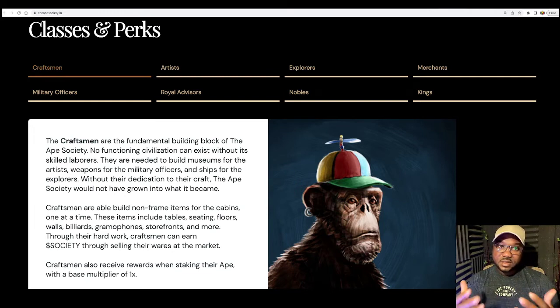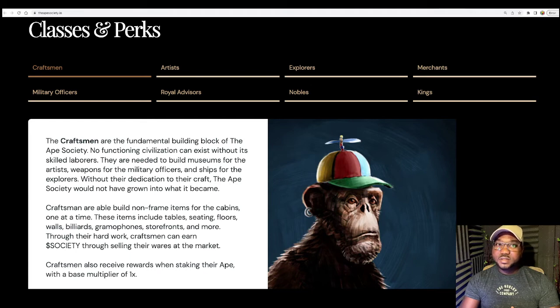When you stake your apes, depending on what ape you're staking, it has different perks associated with it. For the craftsmen, when you stake them, you're going to get a certain amount of society tokens, right?